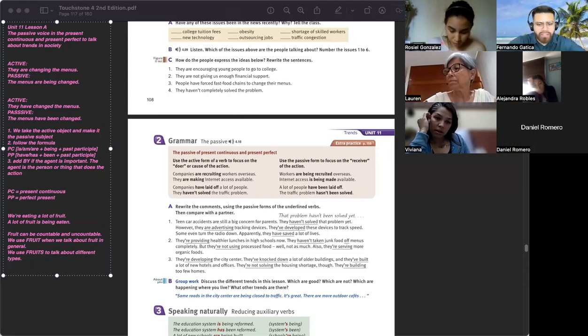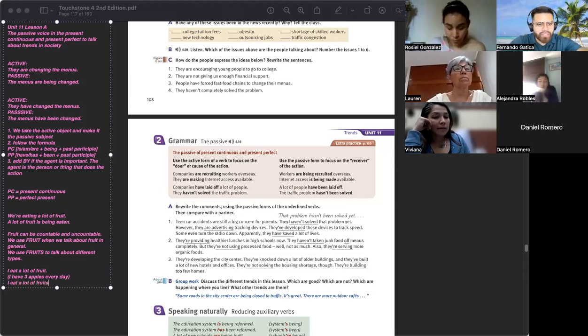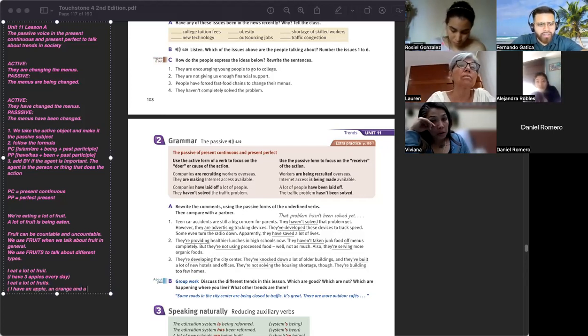For example, I can say, I eat a lot of fruit. And this can mean like, I have 3 apples every day. And you can say also, I eat a lot of fruits. I have an apple, an orange, and a banana.